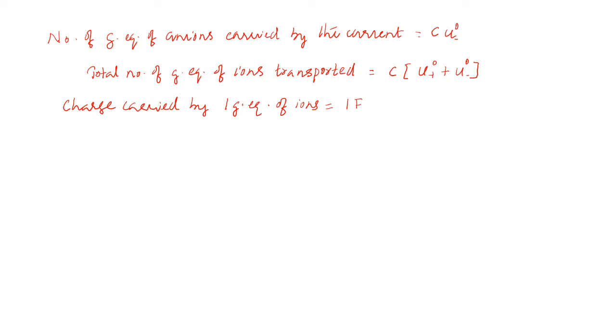Therefore, the total charge carried by C into U plus 0 plus U minus 0 gram equivalents will be Q, that equals F into C into U plus 0 plus U minus 0.